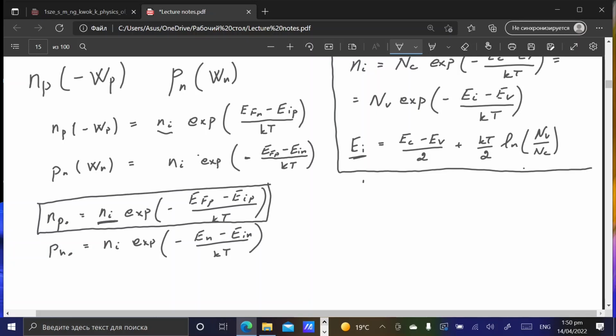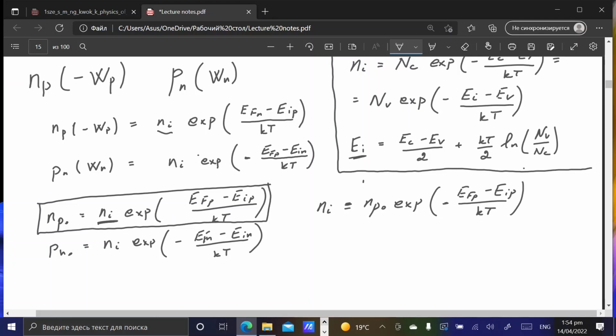So n_i is equal to n_p0 times exponent minus (E_Fp minus E_ip) divided by kT.